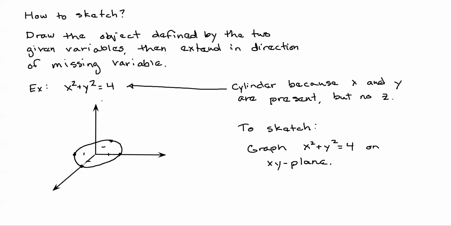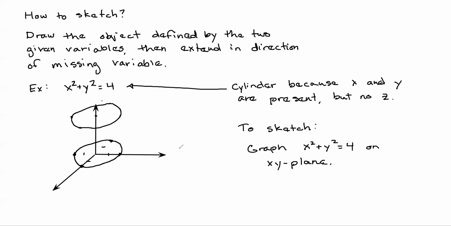I take this point here and say this is my center here, and then I went 2 units in the x. So I go 2 units in the x, 2 units in the negative x, 2 units in the y, or negative y, positive y. Then I try and draw another smooth curve. This one was better than that one.